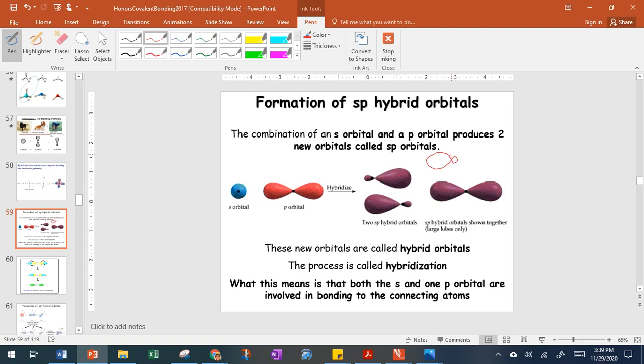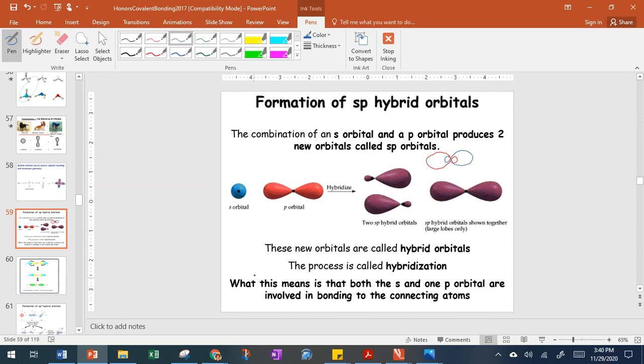This is one of them. And I'm going to make the other one a different color so it stands out more. And then we have a second one. And these are overlapping with each other at the center here to form that linear shape. But this shape here, remember, is actually two overlapping sp hybrid orbitals.